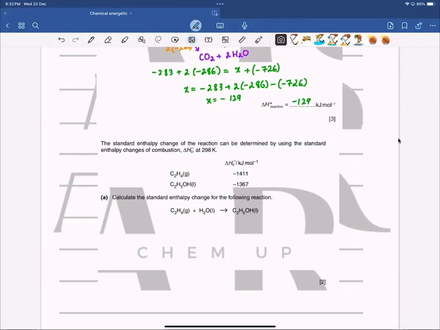Kubra, it is 1411, not 144. So correct your value. Okay.